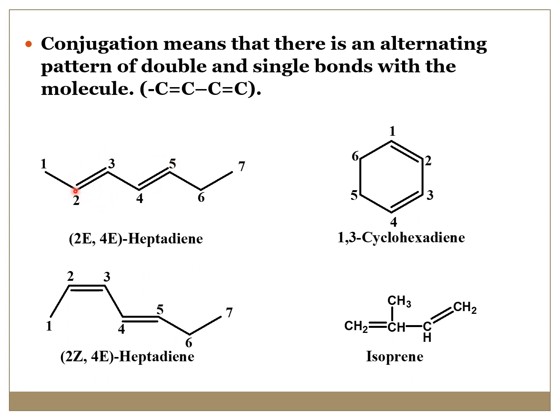If you are dealing with their IUPAC nomenclature, you will have to mention their geometrical isomerism. On such a compound, you will have this double bond. As you have studied in stereochemistry, you specify the double bond, and then you start checking the bulky groups attached to the double bond.